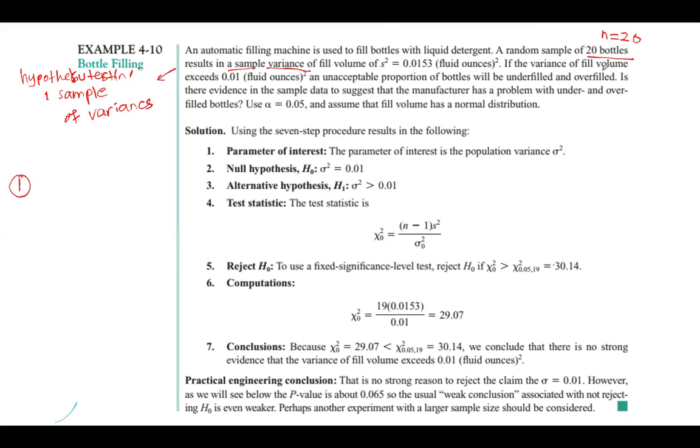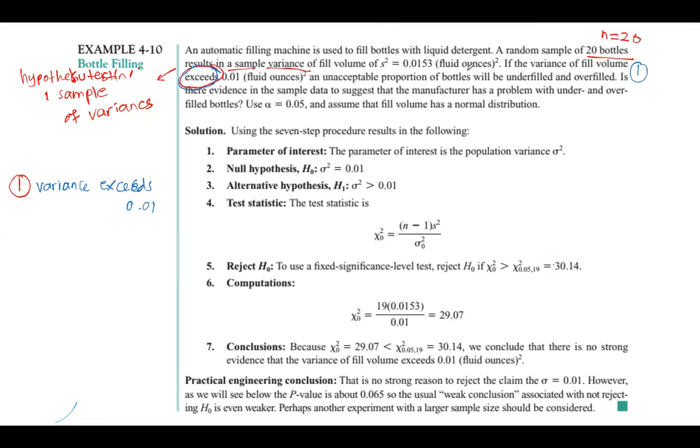If the variance of the fill volume exceeds... so this one. Okay, so the number one here that we can see, yeah, this one, exceed. So the first statement, the variance exceeds 0.01, should be more than.